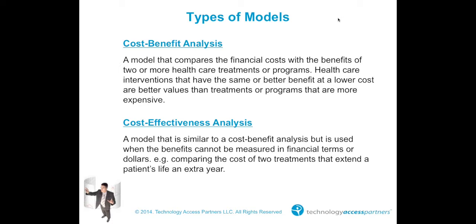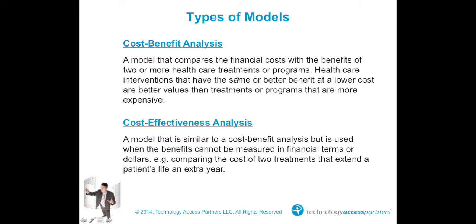It could often be used by healthcare payers, so insurance companies, to determine what kind of results they are getting from implementing a particular treatment or therapy as one of their benefits. So CEA and CBA are most often used in health policy and pharmaceutical research. When looking at it from a payer's perspective, they'll do some of these.